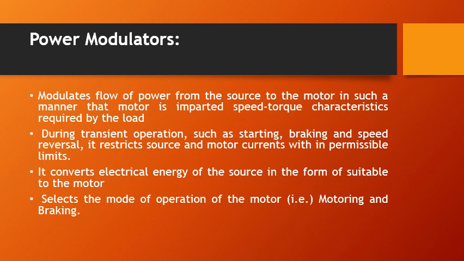For example, if the source is DC and an induction motor is to be employed, then the power modulator is required to convert DC into variable frequency AC. Finally, it selects the mode of operation of the motor, whether it is motoring or braking operation.